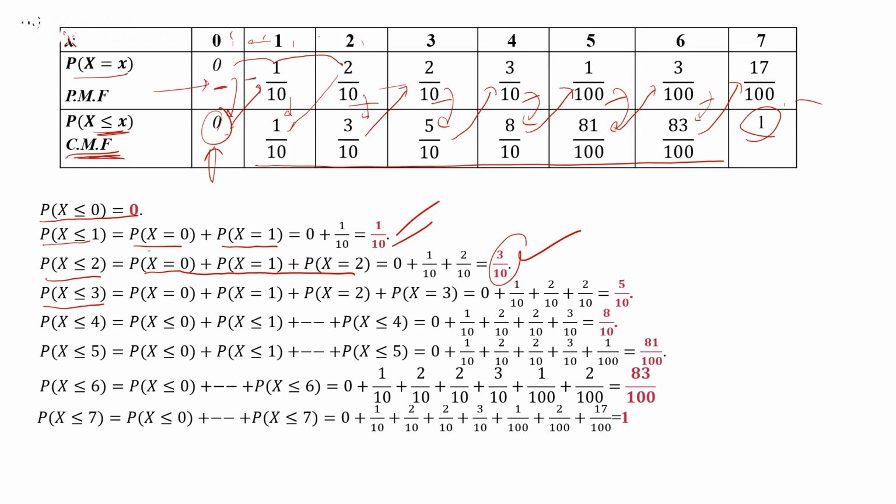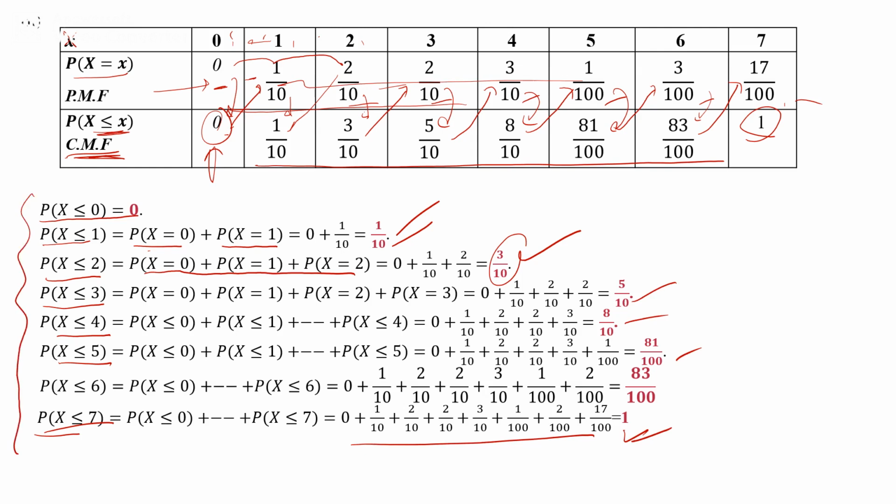Similarly for X less than 3, we add all less than 3. And similarly X less than 4, up to X less than or equal to 7. When we write X less than or equal to 7, we add all the PMF, that is probability mass functions, so we get 1. In that way, these are cumulative mass frequencies, or we can say the distribution function for the discrete random variable.